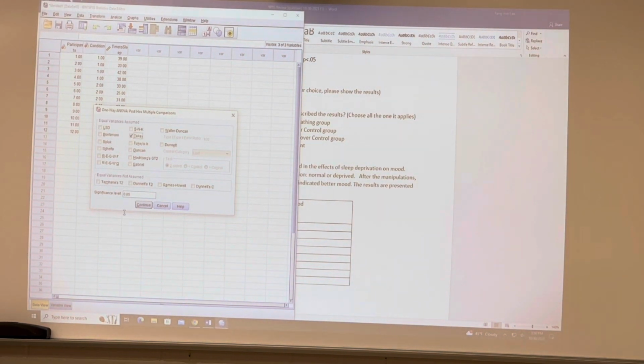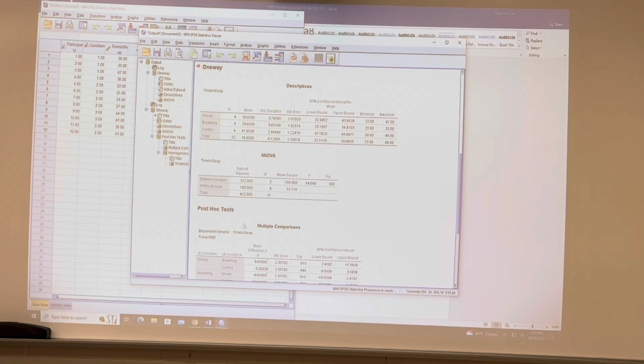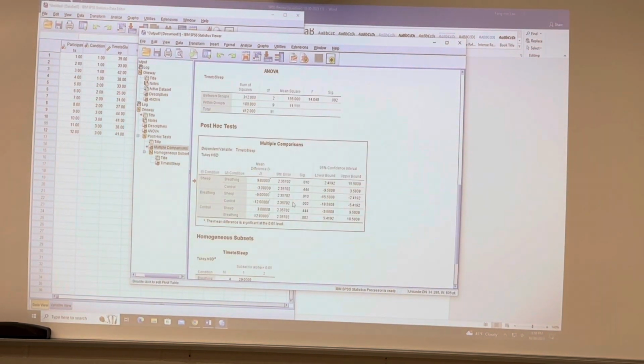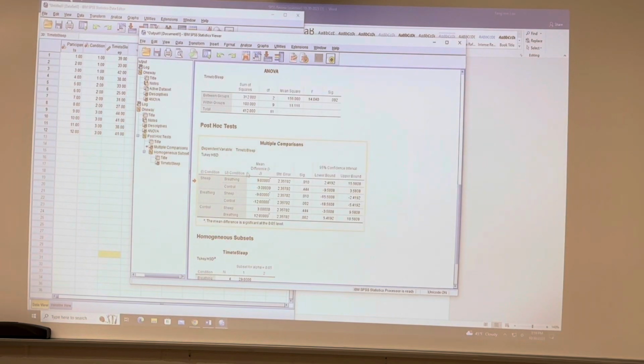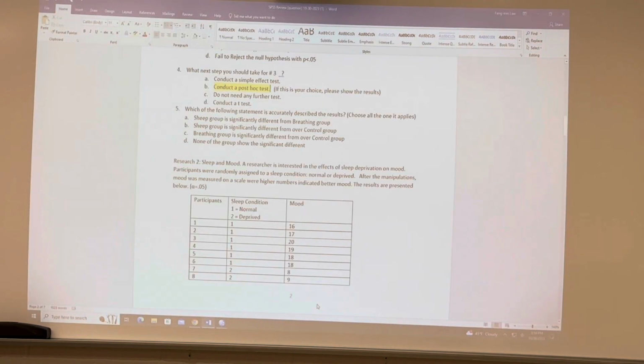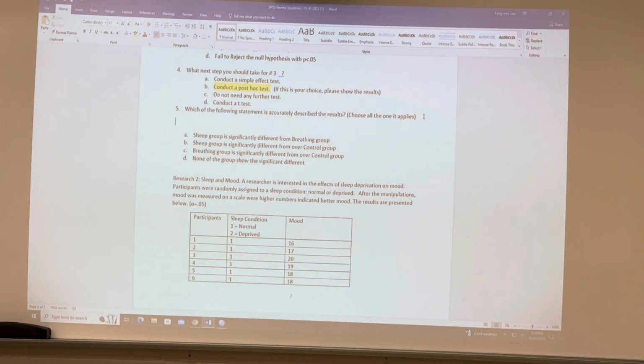Then say Continue, and say OK. Now, you don't need to give me the first 2 tables because they are the same. I need you to give me this multiple comparison table. Put it back into the Word document. I don't have a space for that, but you can enter number 5 and just paste it there.